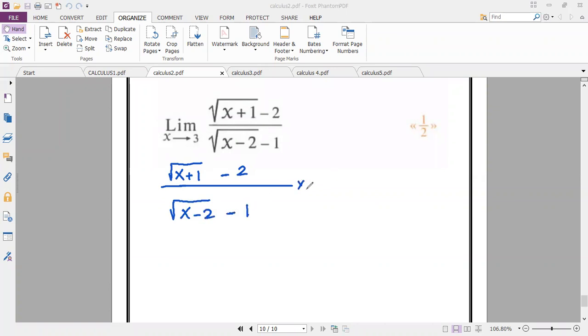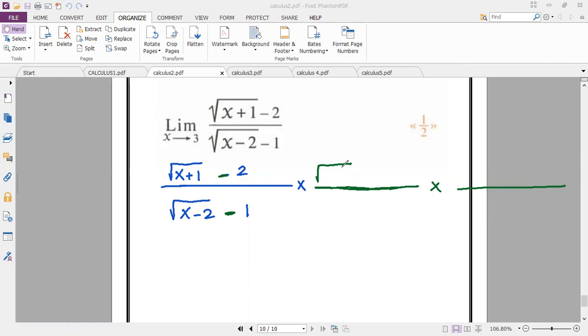So what is the conjugate of the denominator? The conjugate of the denominator, just change the sign. So we are going to multiply the top and the bottom by the conjugate of the denominator. And we are going to multiply this fraction here by the conjugate of the numerator.